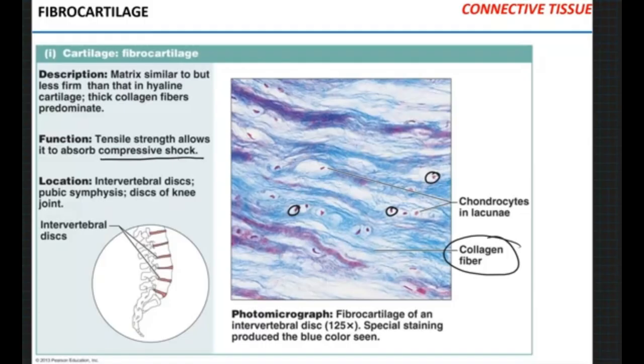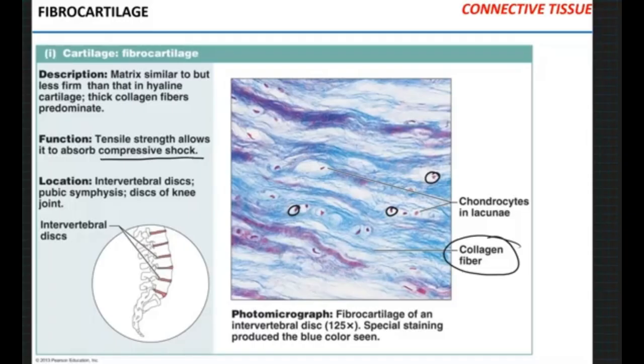If you think about a human body, the parts of the human body that are compressed, mostly, first of all, spinal column. Each vertebrae is separated from another by intervertebral disc. It's one location. All intervertebral discs have fibrocartilage.